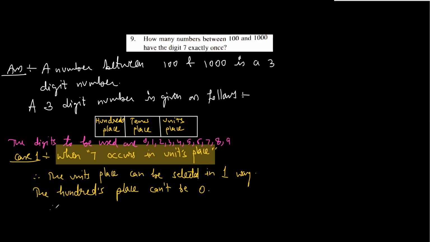Okay, I will write therefore the hundreds place can be selected in, see, it can't be zero, it can't be seven. So how many ways? 8 ways. It can be selected in 8 different ways.